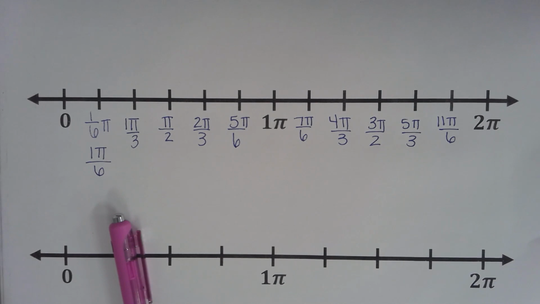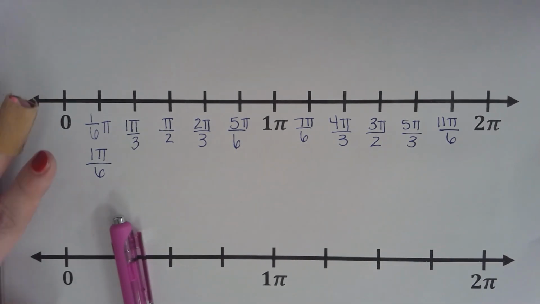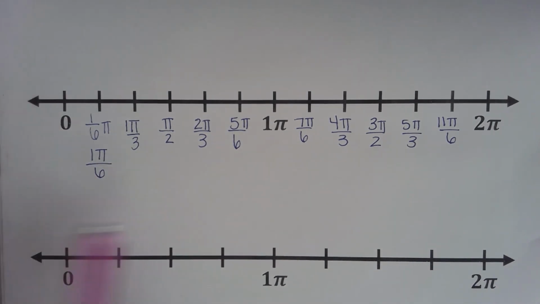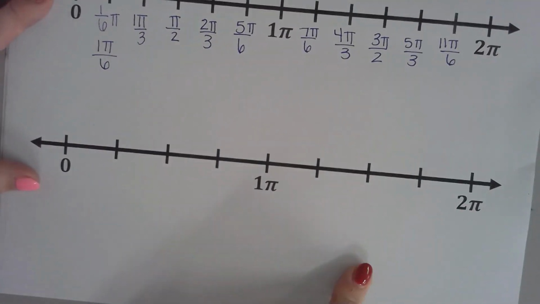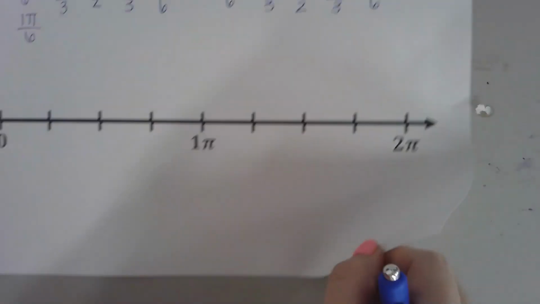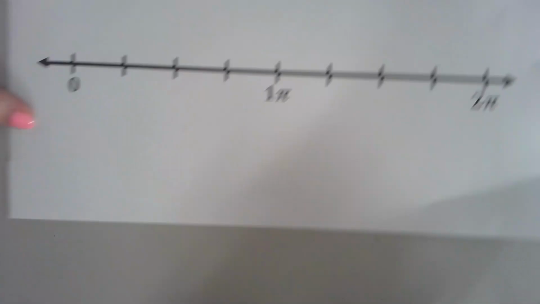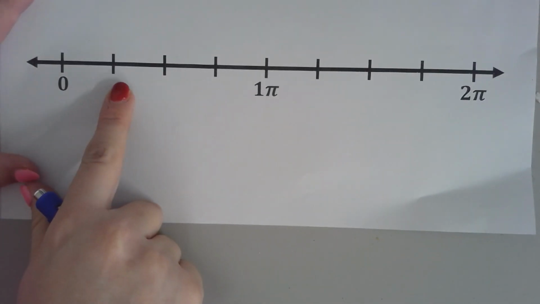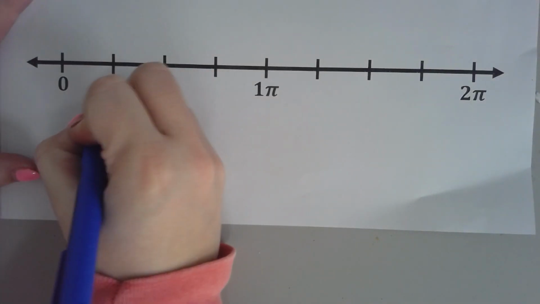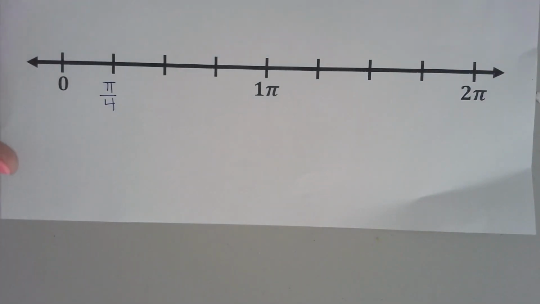So this number line is just split into sixths. And then we have the same thing down here where they're split into fourths. Except we have a pi with them. All right, what is this first one going to be? Pi over 4 or 1 pi over 4. It's like 1/4 pi.